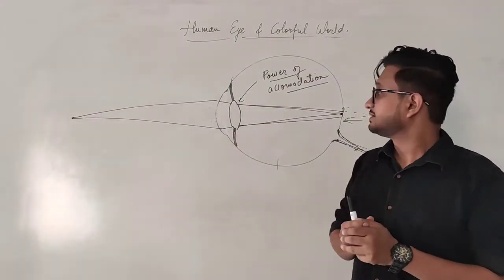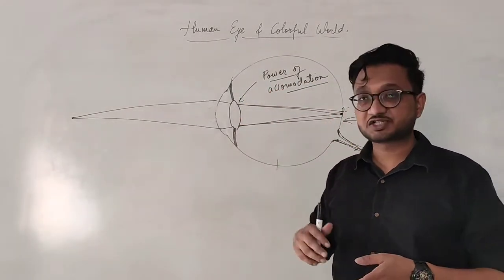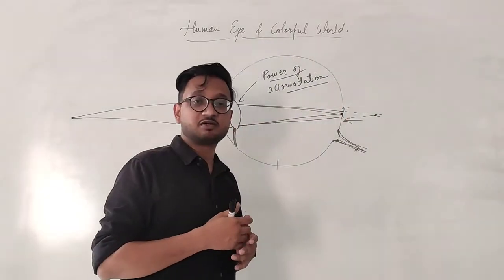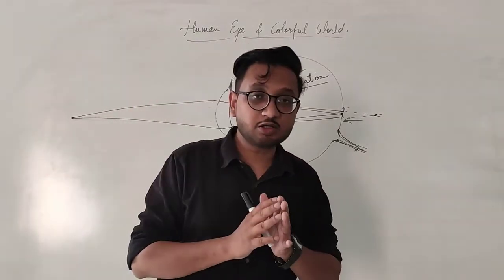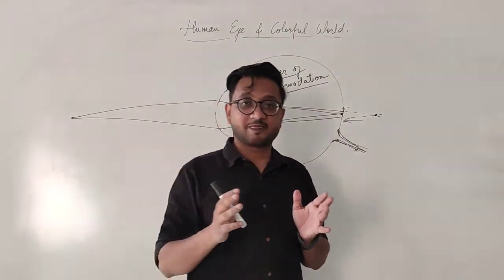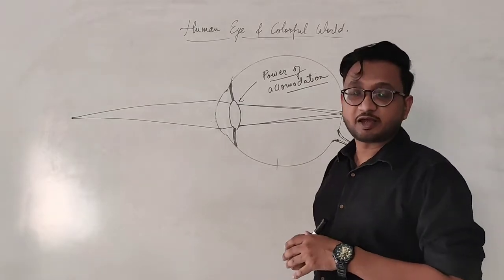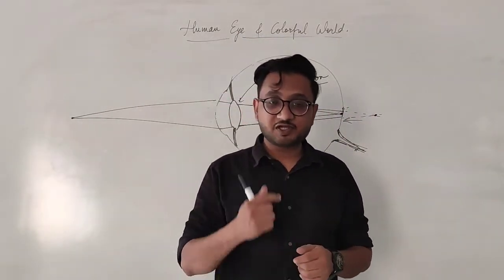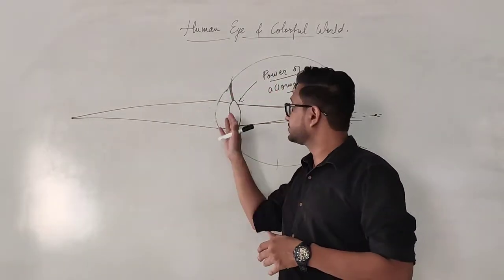What happens is, sometimes our eye lens is not able to change its shape, or due to some diseases, the eyeball becomes small or large. Okay? At that time, we are not able to see the object clearly, and for that, people like us use spectacles or glasses that help us in doing this.